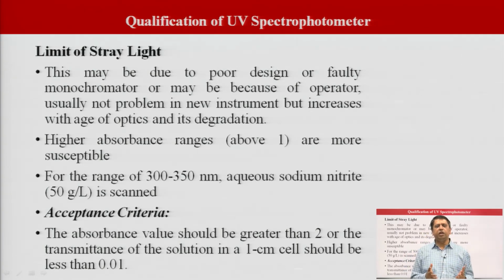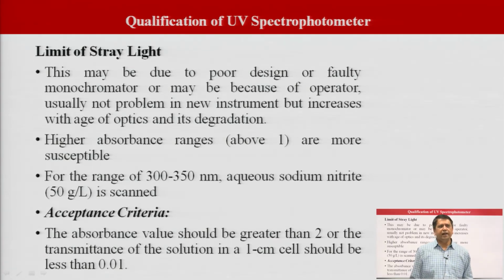What will happen if stray light is present? The higher absorbance ranges, above 1 absorbance, are more susceptible, and for the range of 300 to 350 nanometer, aqueous sodium nitrite 50 gram per liter is scanned to understand the amount of stray light being detected by the detector of the UV spectrophotometer.